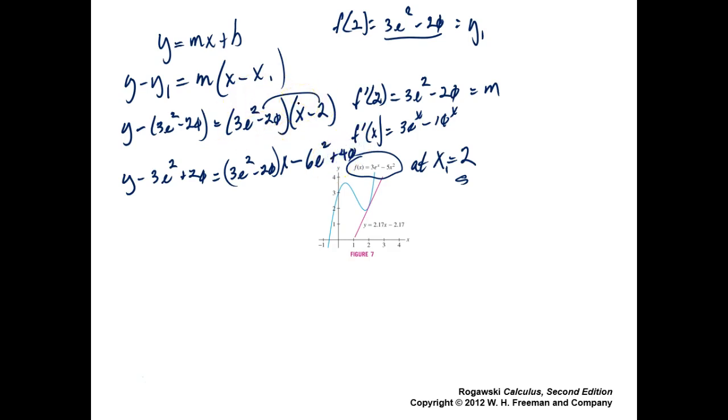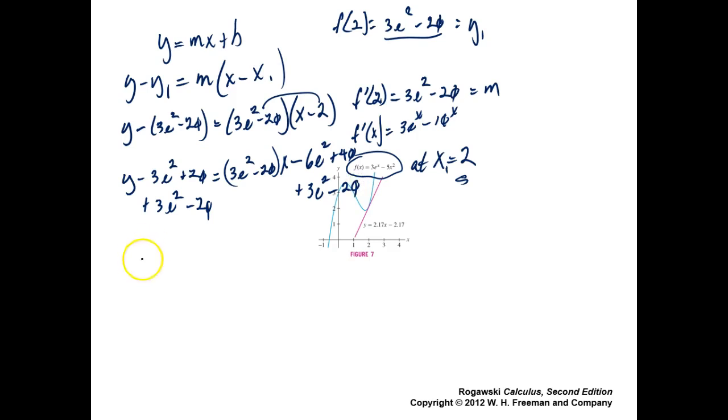Okay, get it. Okay. Now, if we want to get it to this form, we want to isolate the y, right? Okay, so we're going to add 3e squared and subtract 20 from both sides of the equation to get y by itself, the naked y there. So that's going to be plus 3e squared minus 20.